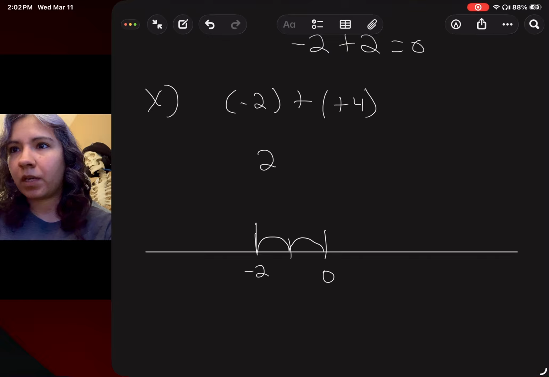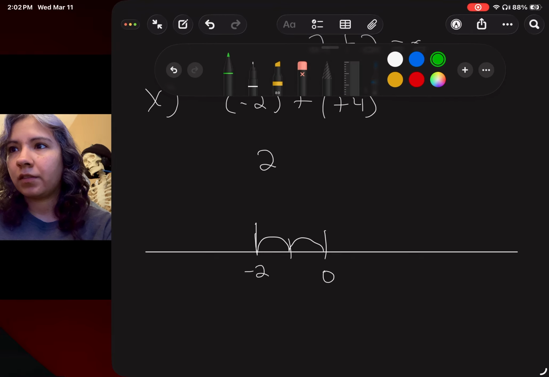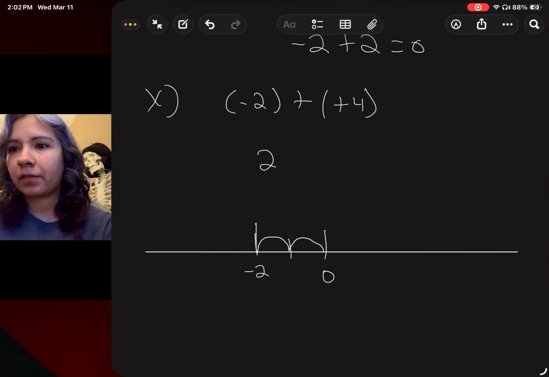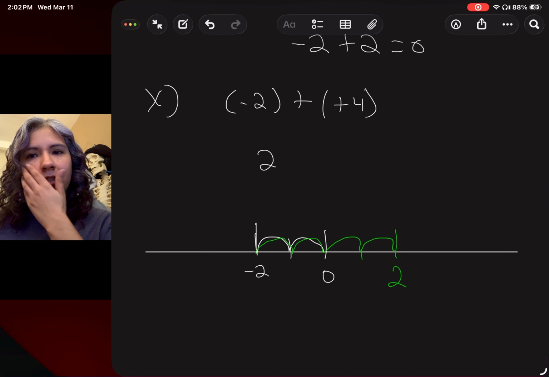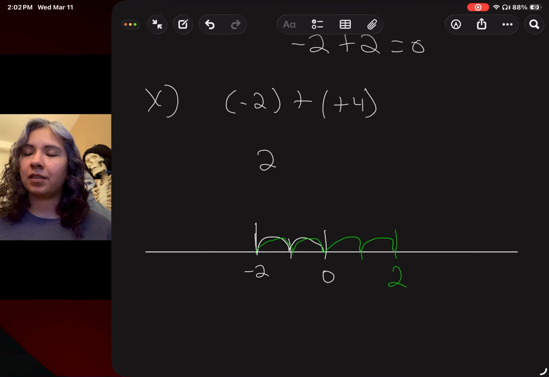Now we want to go in the positive direction for spaces, right? So now we're going to go back 1, 2, 3, 4. That's going to leave us at +2. So this gives us the same thing. It's just two ways to look at it. Some people can do it both ways over time.